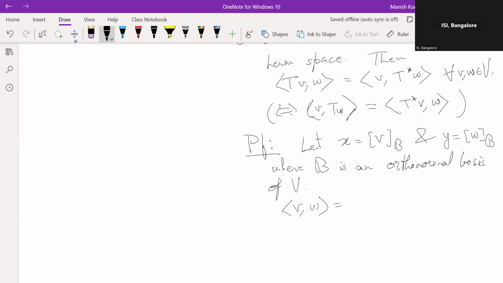If B is an orthonormal basis, it is the identity matrix, right? If B is V1 to Vn, then orthonormal basis means the pairing of Vi and Vj is delta ij. So the matrix of this is just the identity. So what will V comma W be?